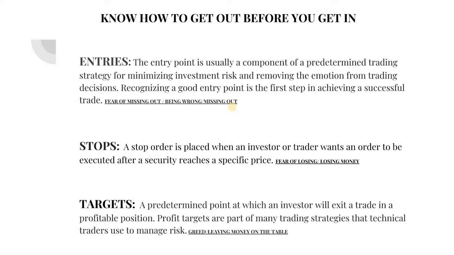By you not having a stop limit order, or maybe a mental stop, when you enter a trade and price starts going against you even by 1 or 2 ticks, then you start being afraid of losing, right?